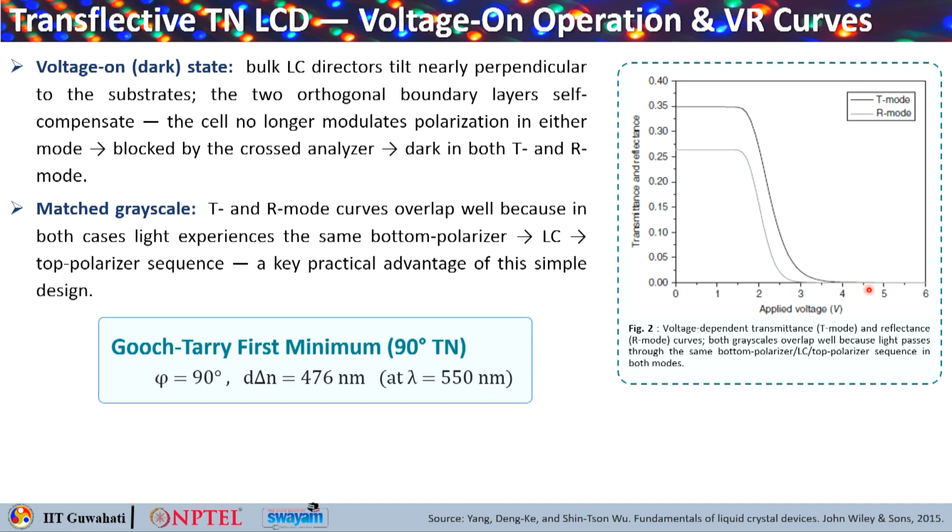In both cases light experiences the same physical sequence, and that gives you this structural symmetry, which makes for good grayscale matching between the two modes. One of the most genuine advantages that you can get.